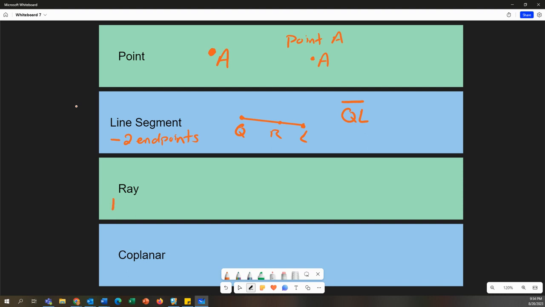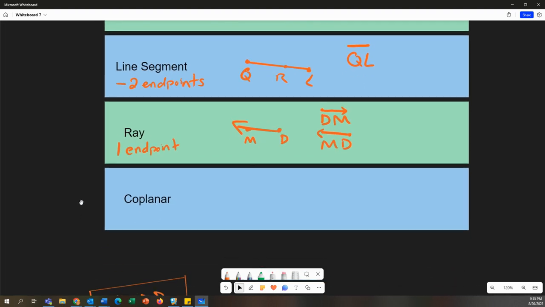A ray has 1 endpoint. 1 endpoint means it has an endpoint and shoots off in one direction. So that endpoint is going to have 1 letter, and then it has to have at least one other point labeled on it. Now this one's a little different. I like to start on my endpoint and then write my other letter because it starts at D and it shoots through M. But if I draw the M first, I just have to make sure I put my endpoint above D and I shoot through M. So both of those would name a ray.